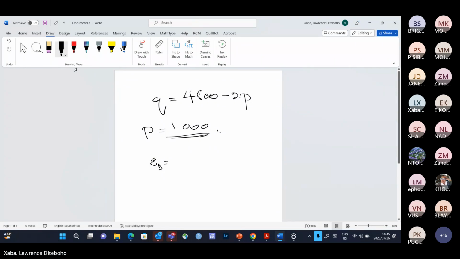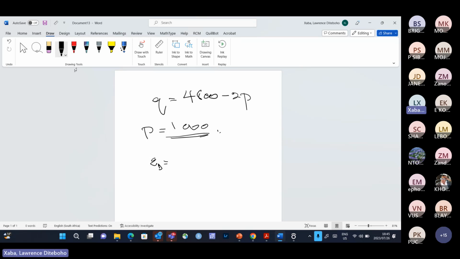If P is 1,000, then our elasticity of demand becomes 0.7. Yes, it is -0.7, so I took the negative out.